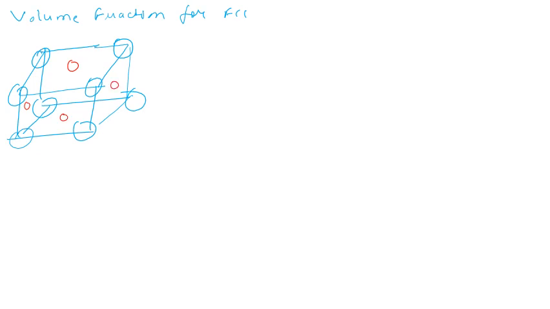As we know, a cube has 6 faces, so there will be 6 face atoms. Atoms at the corners contribute only 1 by 8 to the unit cell. And we have 6 faces, that means 6 atoms, and each face atom is shared between two unit cells. So there will be a total of 4 atoms in the FCC unit cell.